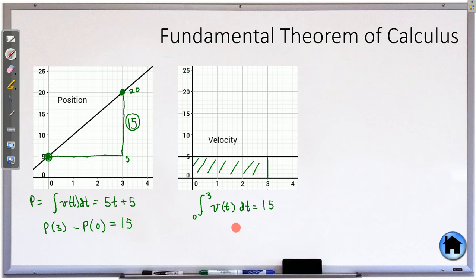And so to put that into terms without position and velocity, we're going to call this one capital F, and we're going to call this one lowercase f for that relationship.